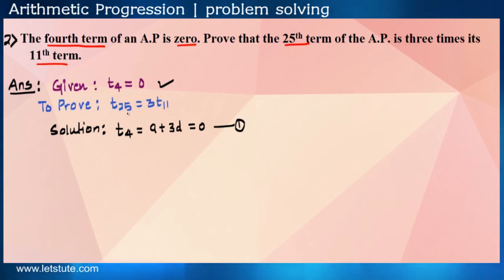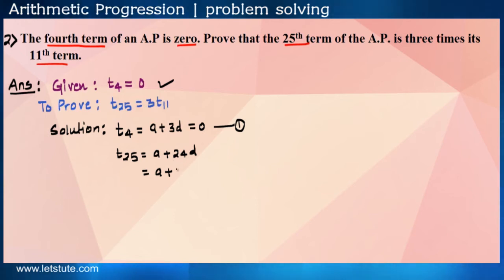Now we'll write T25 and T11 in the same form. So T25, we can write it as a plus 24d. Now I am getting some clue that if I write a plus 24d in the form of a plus 3d, then I can simply put 0 instead of a plus 3d.